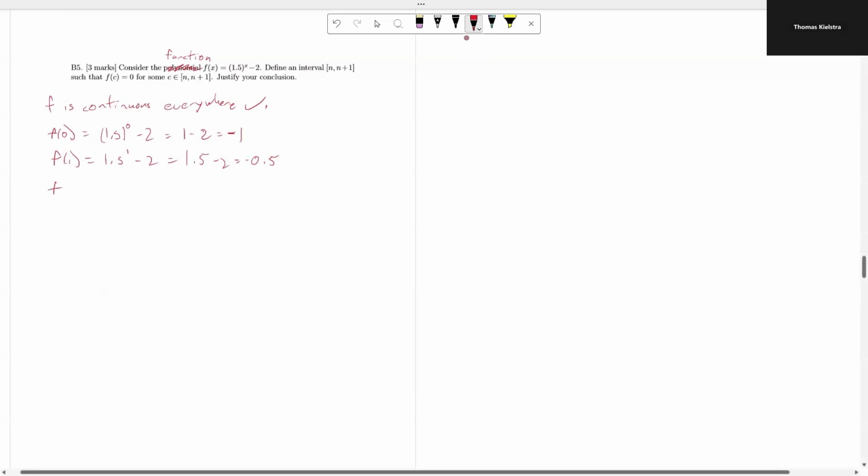So let me check my next one. f of 2 equals 1.5 squared minus 2, which in decimals is 2.25 minus 2, which equals 0.25. Yay! They're opposite signs.